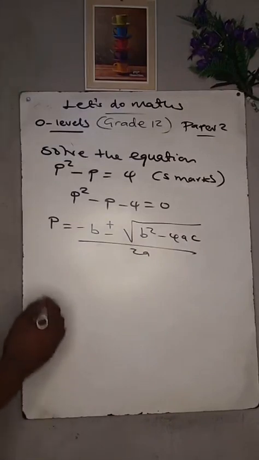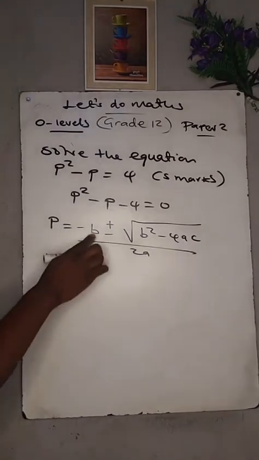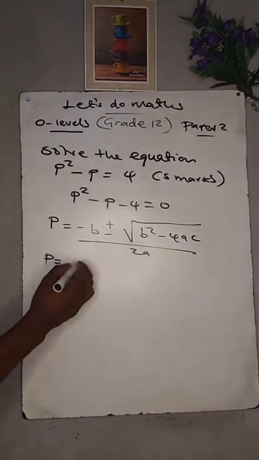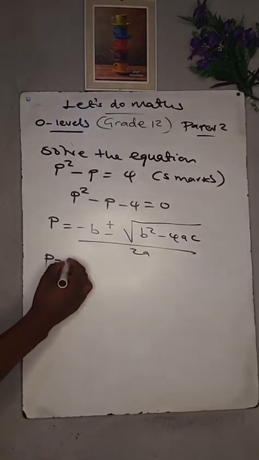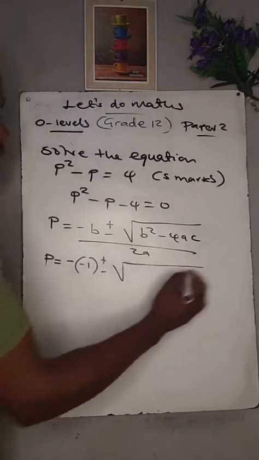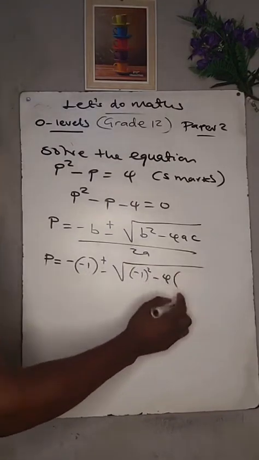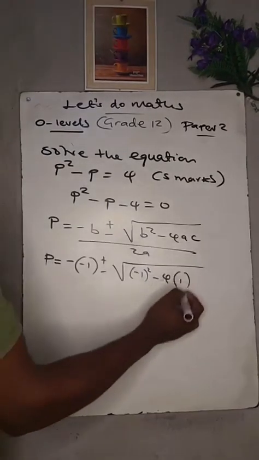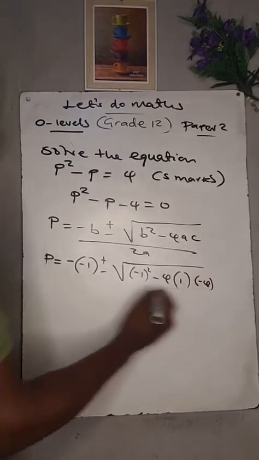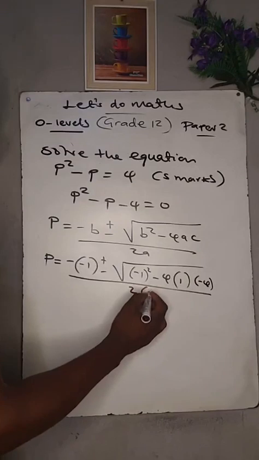So we are going to say p is equal to, now we start replacing, because now we know that b is negative 1. So I'm going to have negative, open bracket, negative 1, positive or negative square root of negative 1 squared minus 4, open bracket, our a is positive 1 and our c is negative 4, over 2 multiplied by our a, which is 1.